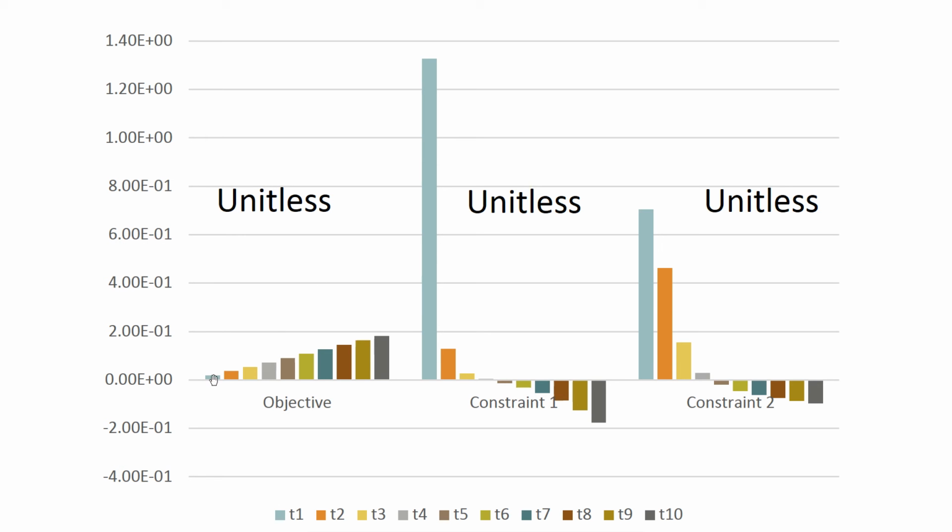Here, for example, if I were to increase the thickness by 20%, you can see the big impact it would have on the first natural frequency or the first constraint value. Here, same thing. I can see that it would have a big impact on the second natural frequency. If I were to increase the thickness 10 design variable by 20%, you can see it would actually drop the first natural frequency and the second natural frequency.